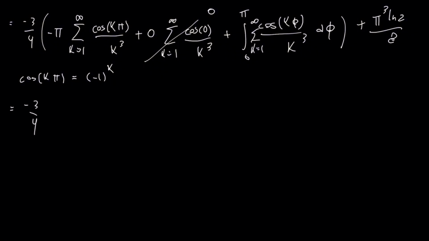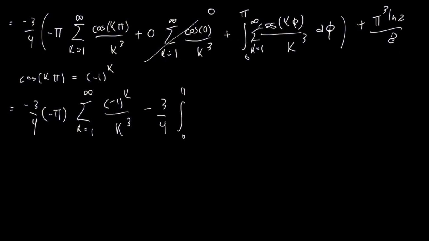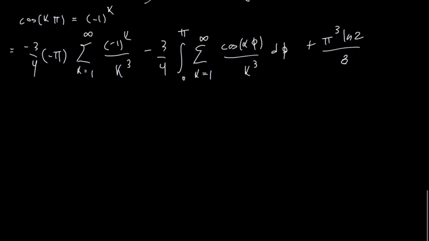So we're going to have a negative 3/4 times negative pi, and then the sum from 1 to infinity, negative 1 to the k over k cubed, and minus 3/4 the integral from 0 to pi of the sum from 1 to infinity, cosine of k phi over k cubed d phi, and plus pi cubed log 2 over 8.